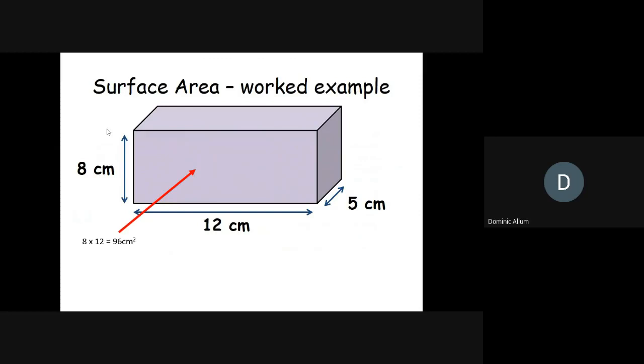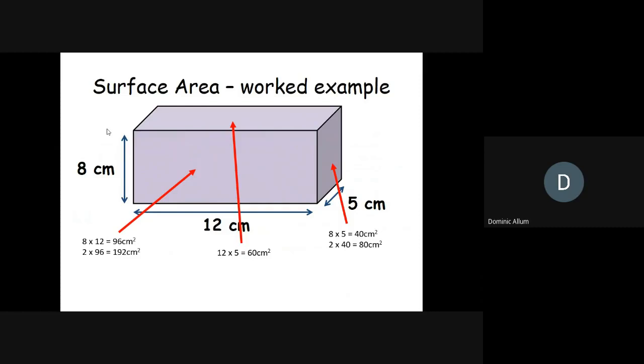I have the front and the back, so I'm going to double this area to get a total of 192 centimeters squared. I'm then going to look at the sides. These are 5 by 8. So I'm going to multiply those together to give me 40, and I have 2 sides of my cuboid, giving me 80 centimeters squared. I then have the top and the bottom. So the top is 12 by 5 centimeters, giving me an area of 60 centimeters squared.